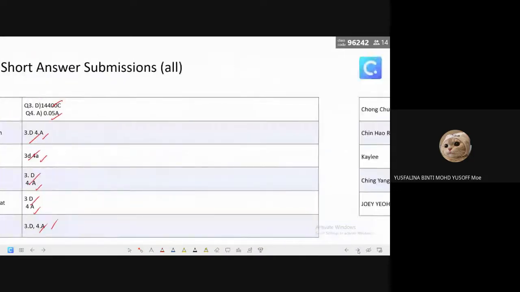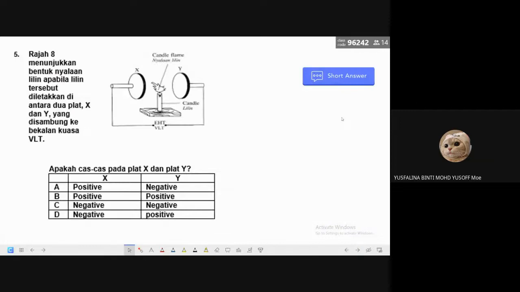I want you to try to answer number 5. It says here the diagram 8 shows the shape of the candle flame when the candle is placed between two plates, X and Y, that are connected to the VLT.